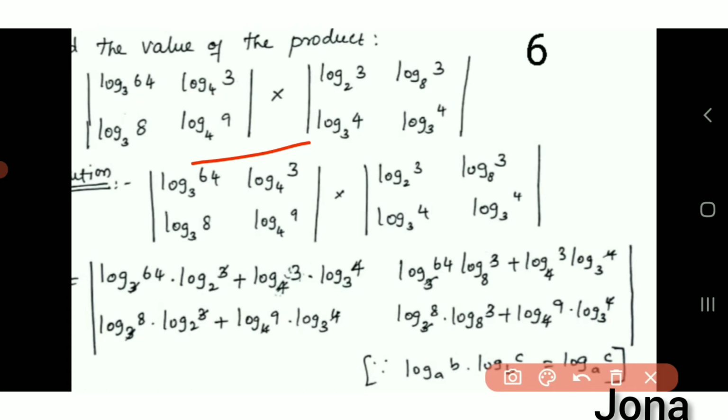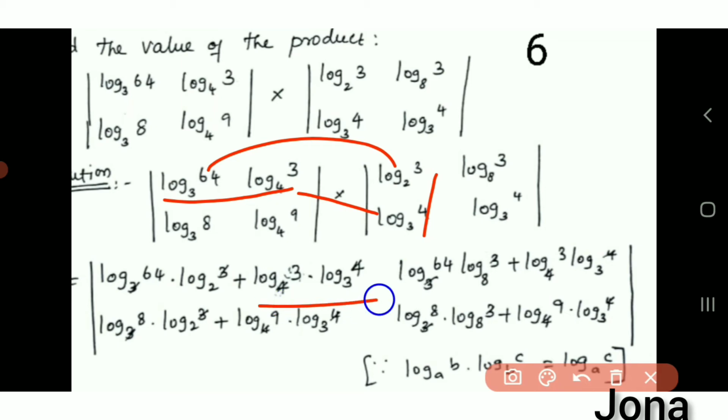First row and first column: log 64 base 3 into log 3 base 2, plus log 3 base 4 into log 4 base 3.